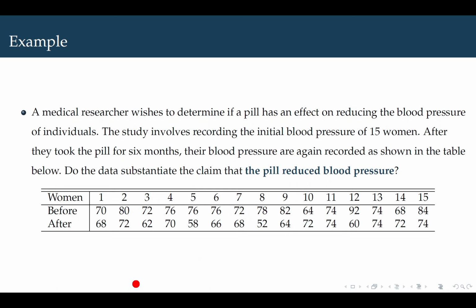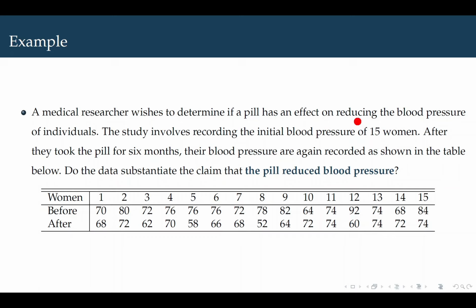Now let's consider a particular example for illustrating how to conduct hypothesis testing for the case of paired samples. The example says a medical researcher wishes to determine if a pill has an effect on reducing the blood pressure of individuals.